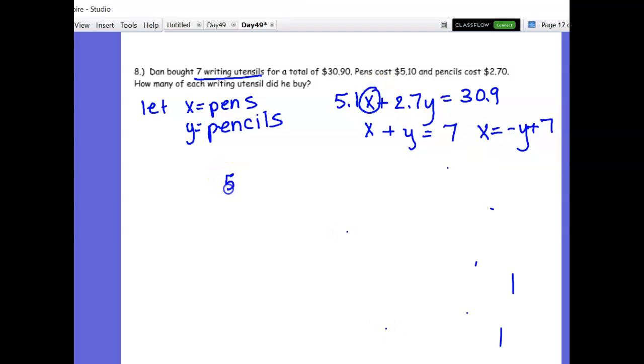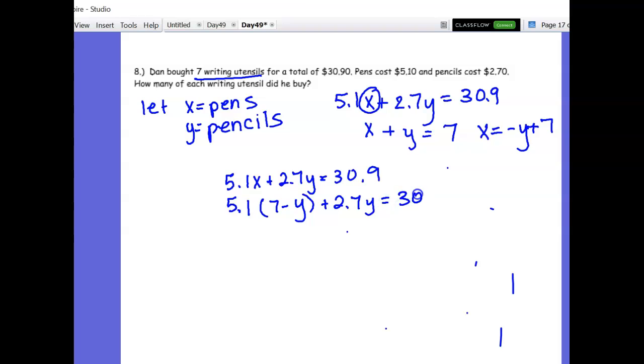So we get 5.1 x plus 2.7 y is going to be $30.90. When I substitute it in, I get 5.1 times 7 minus y, okay, plus 2.7 y equals $30.90. Okay, we're going to distribute, even though we have a decimal.